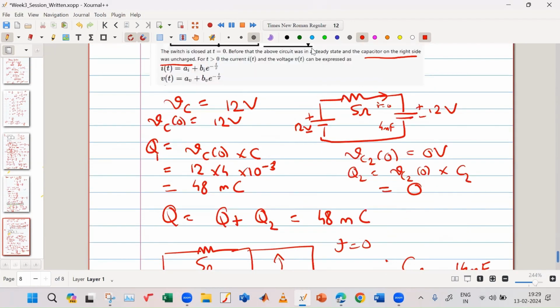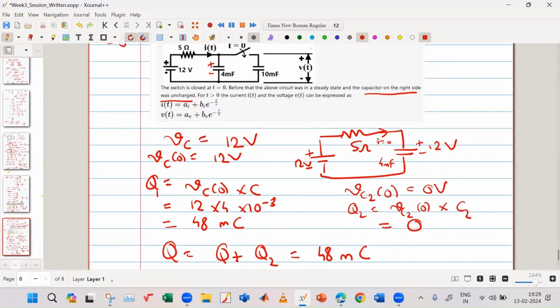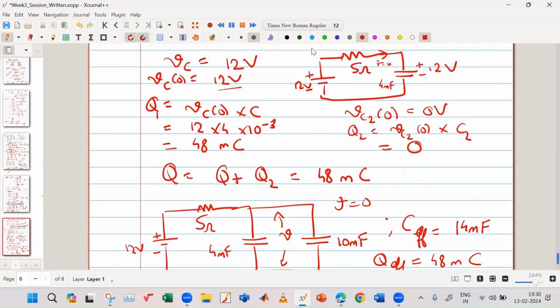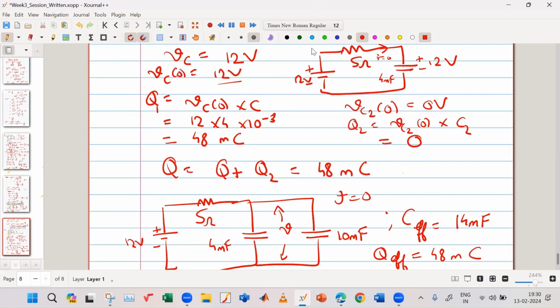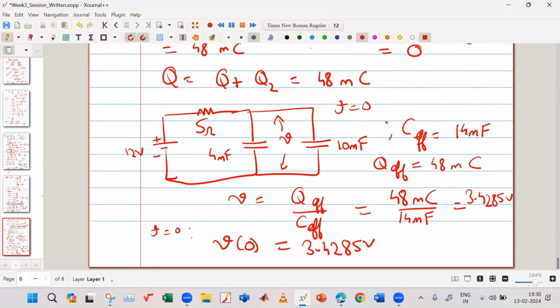So initially the voltage across capacitor 1 was 12 volt, we established it is 12 volt. But just when you close the switch, the charge gets redistributed, and the effective voltage becomes 3.4285 volt. This is confusing, but try to understand.